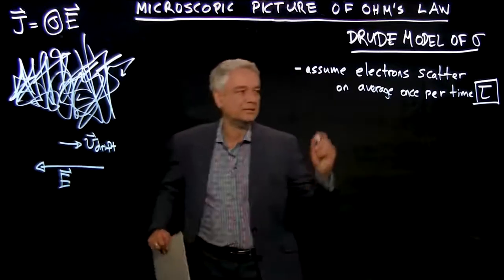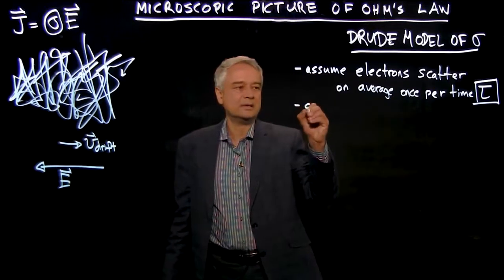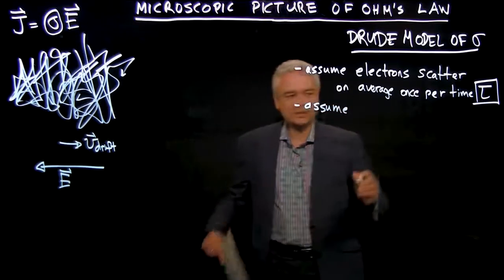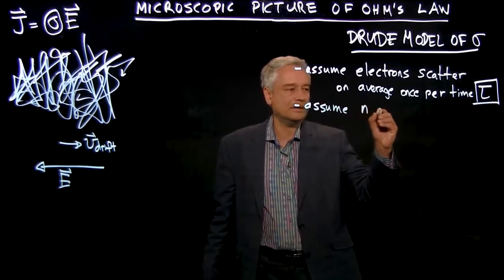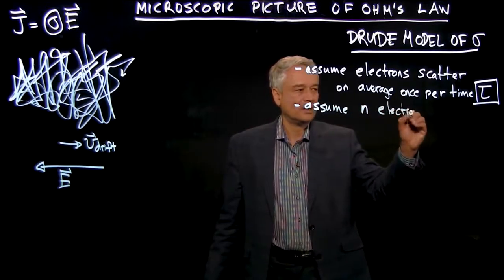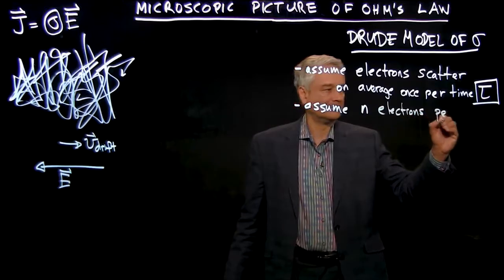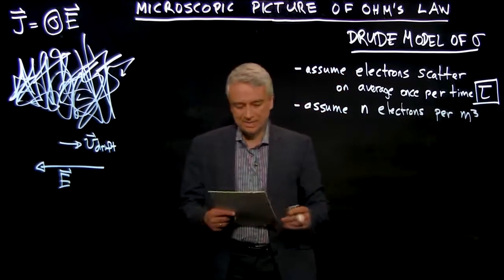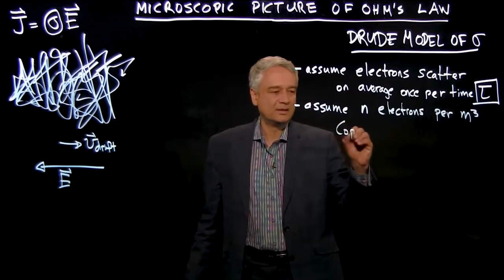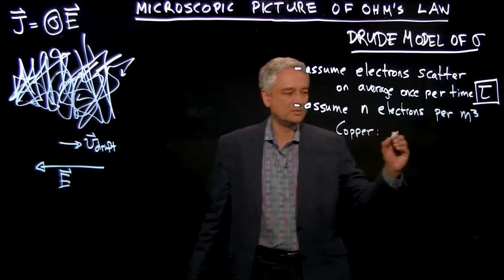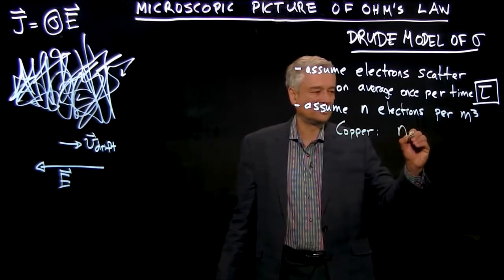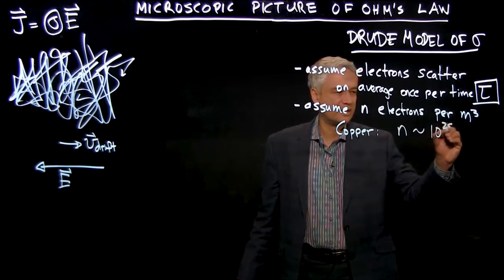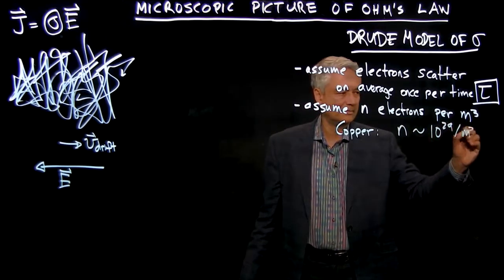The second assumption he made, which introduces the second material property, is that there are n electrons per cubic meter. And in fact, in copper, this n is well known, and I'm not going to give you numbers with a lot of precision today, but n turns out to be roughly 10 to the 29 per cubic meter.